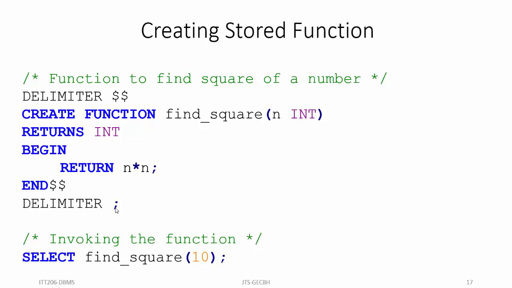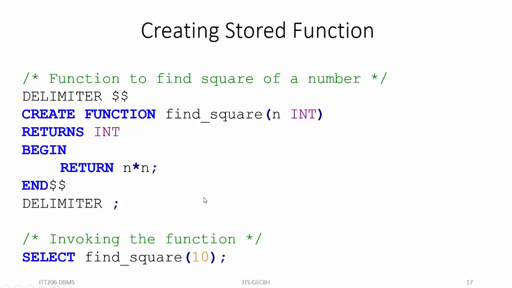If you want to invoke a function, then the select statement is used. For example, select, then the name of the function, then inside parentheses we will be passing the parameters. Here we want to invoke the function find_square, so it is done by using the statement select find_square of 10.